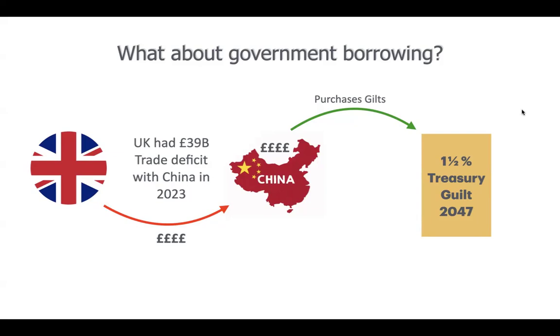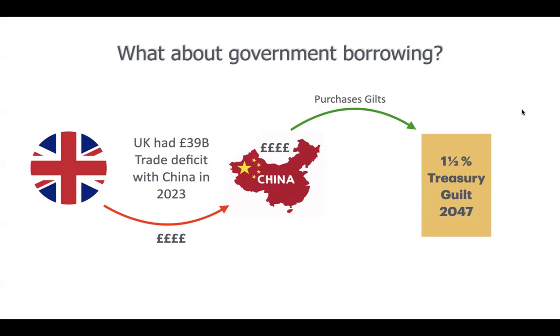And so what people do is they pay for those Chinese goods in pounds. China then has pounds to either save or spend in some way, or they could transfer some back to their own money.